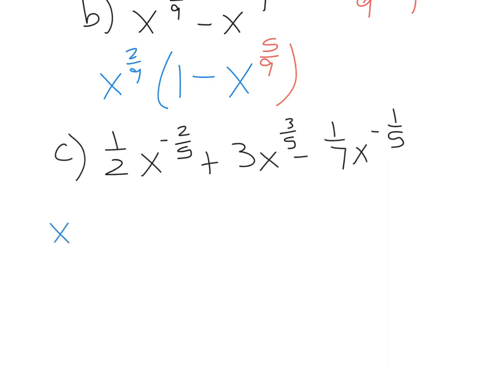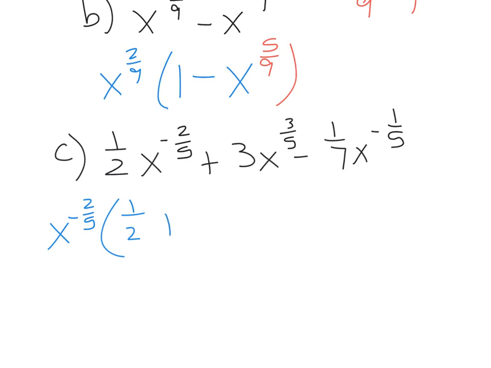We're going to factor out x to the negative 2/5. So this times this has to give us this back. Well, we need the coefficient, so we're going to need the 1/2. We factored out the entire exponent here, so we don't need anything else here. If I multiply this times this, it will give me all of this back, so we're good there.